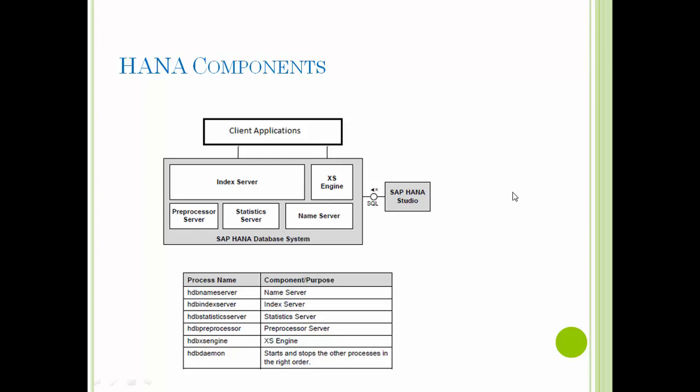So basically, Access engine offers the web service, that is, it serves all the web requests. And the preprocessor. Preprocessor is a component of HANA database which works on the unformatted, that is unstructured data coming into SAP HANA database.